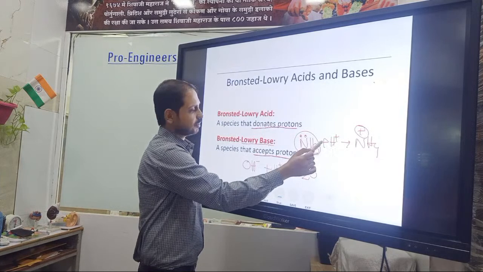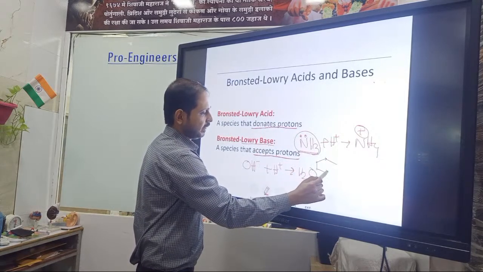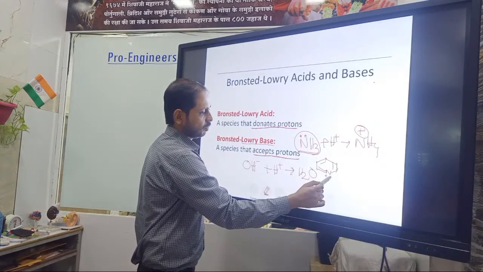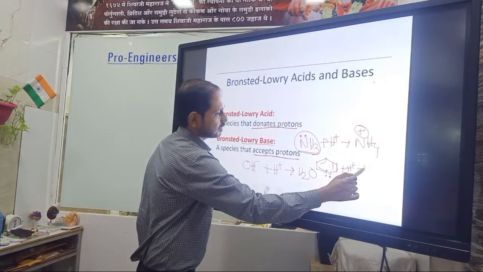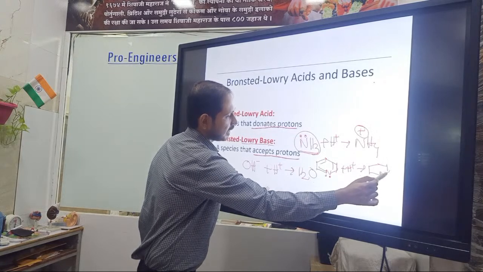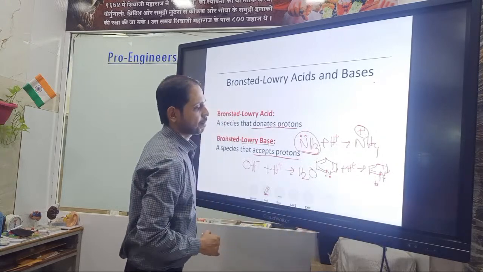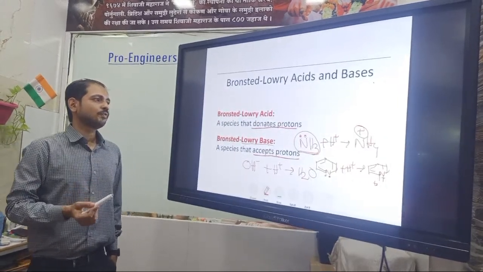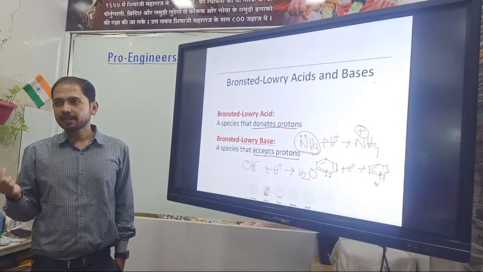Similarly, pyridine also has a lone pair. It can also accept H+ and gives us the pyridinium cation. So this is also called a Bronsted base.